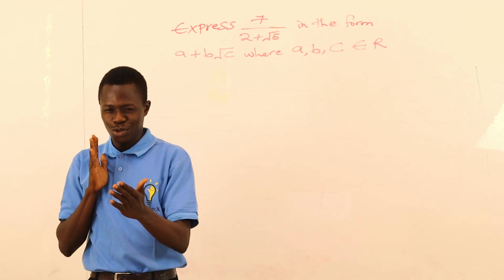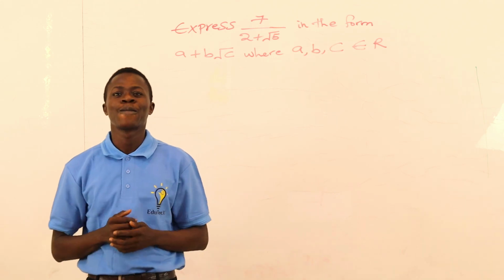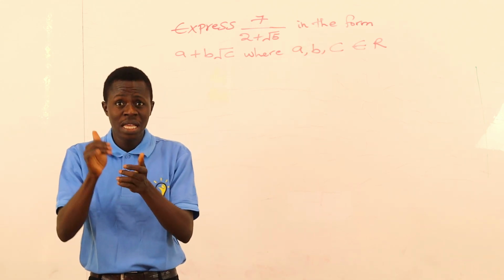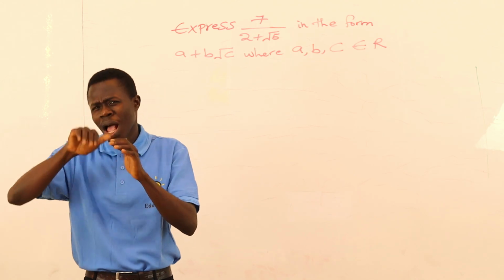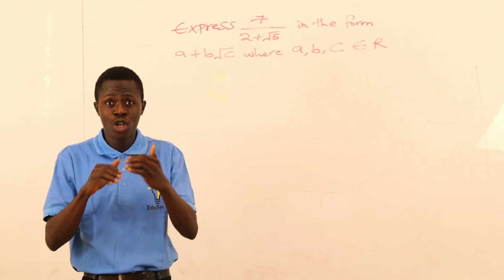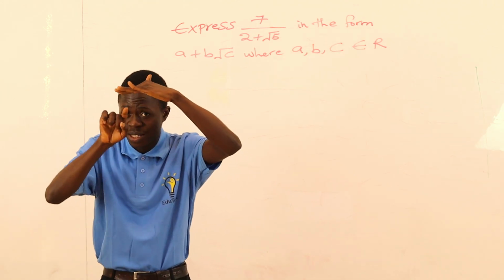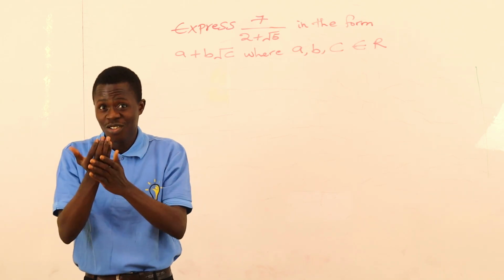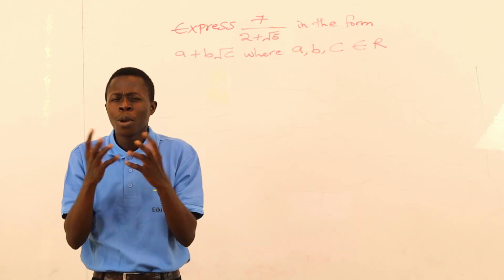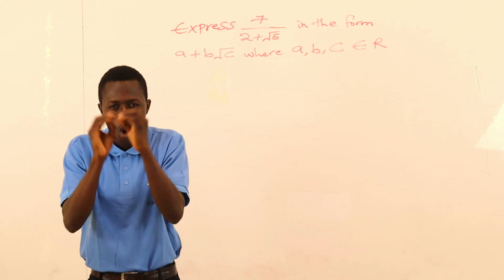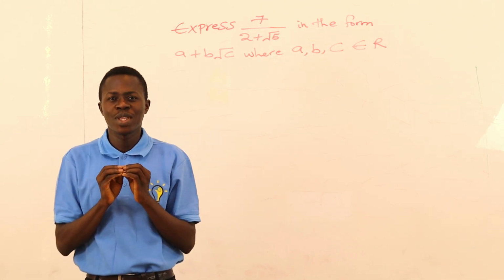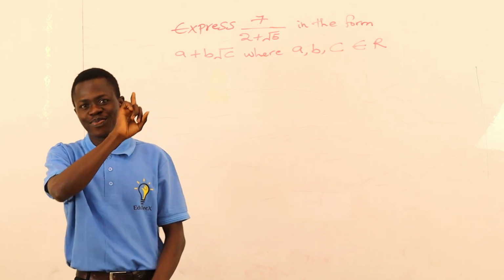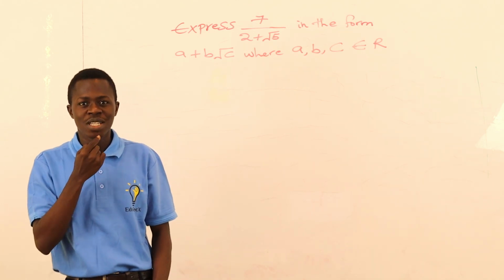Now, straight to business. Let's start. You remember that in a previous lesson, we learned how to deal with the rationalization of surds where the denominator has two expressions, right? With this lesson, we want to practice more, especially with the example on the board.